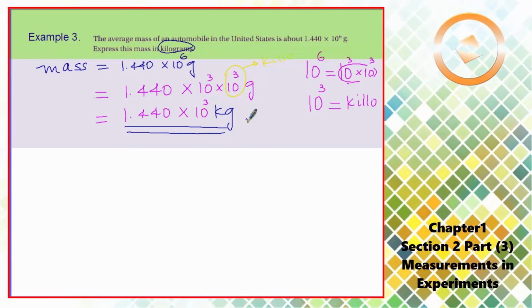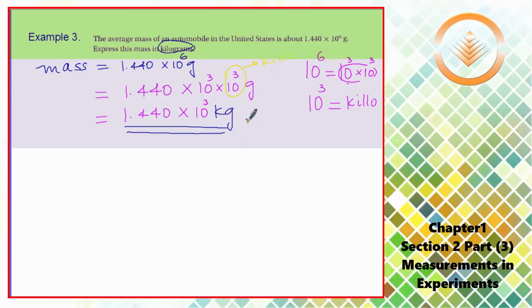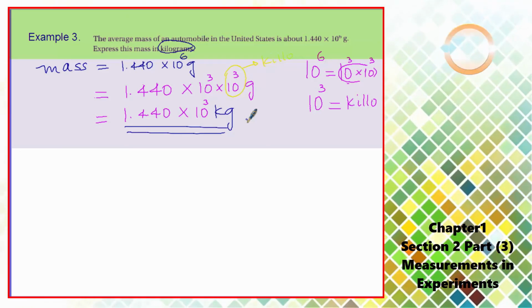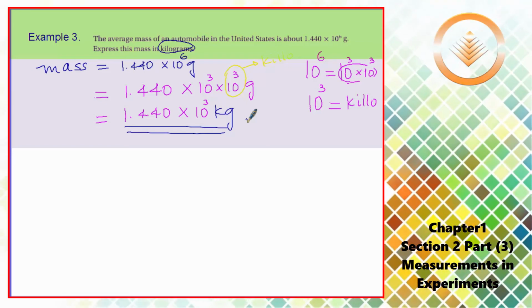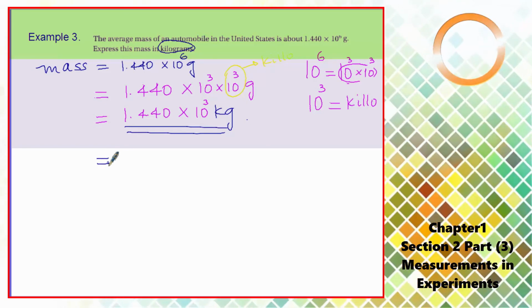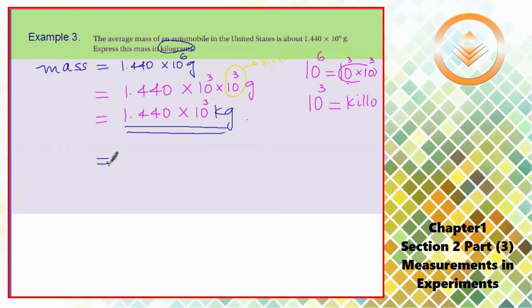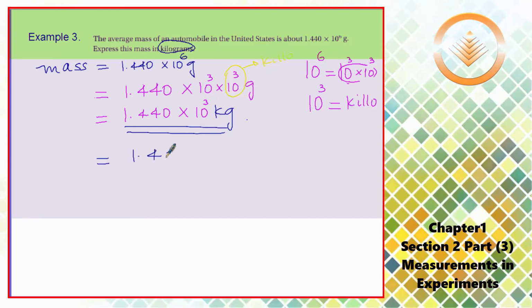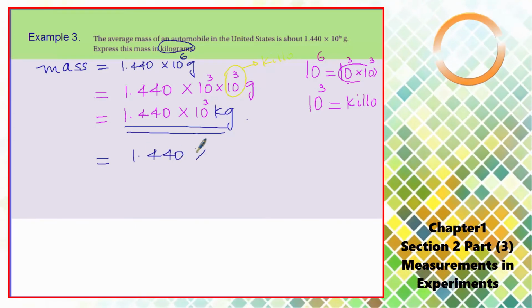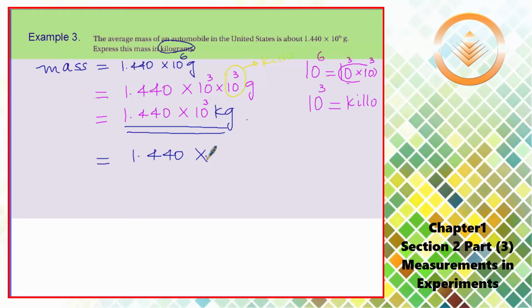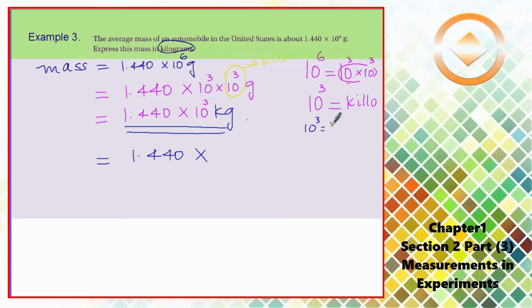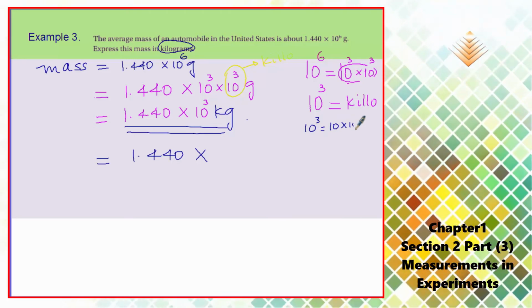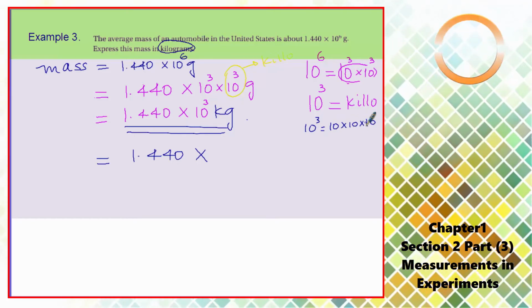This is the mass of this object when you express it as a power of 10. In some books, or sometimes you can even write this, if you like, as 1.440 multiplied by 10 to the power of 3, which is 10 times 10 times 10. You multiply 10 three times. That's 1000.